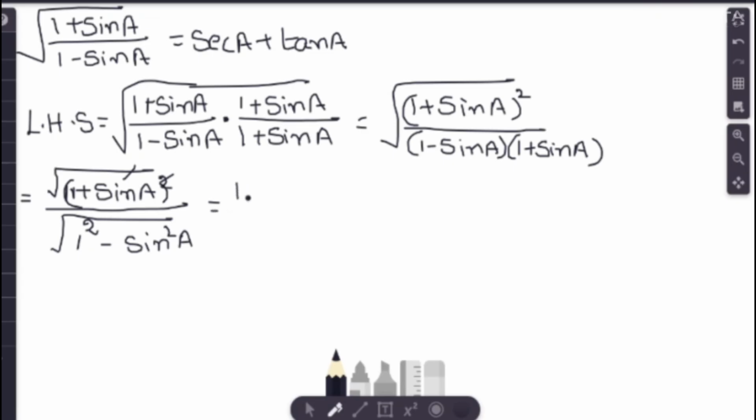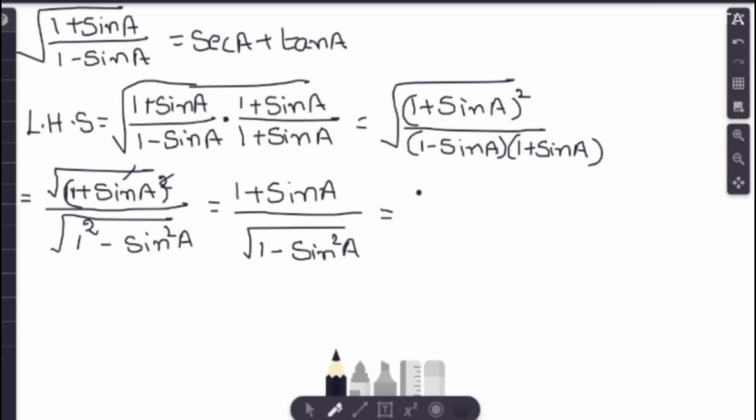So 1 plus sin A by, here root cancels with square. That's why the leftover is 1 plus sin A by under root 1 minus sin square A, since 1 square is nothing but 1. We know that based on sin square A, we have an identity, that is sin square theta plus cos square theta is equal to 1.